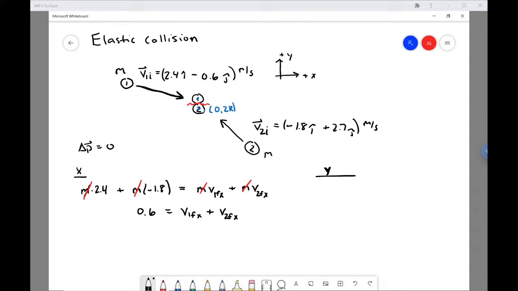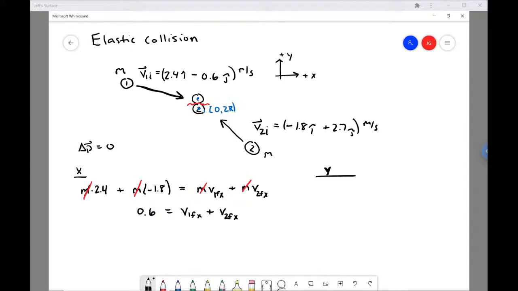But definitely the way they collide is important here. It allows us to drastically simplify things. Okay, so in the y direction, let's keep working on here until we hit a roadblock, and then we can reconsider what the nature of the collision is.